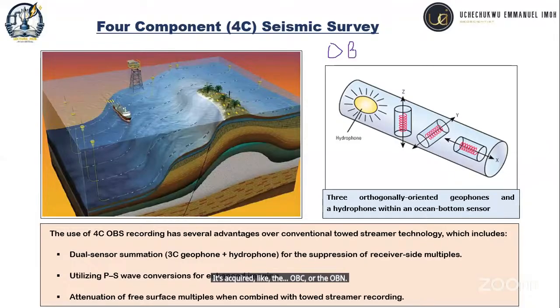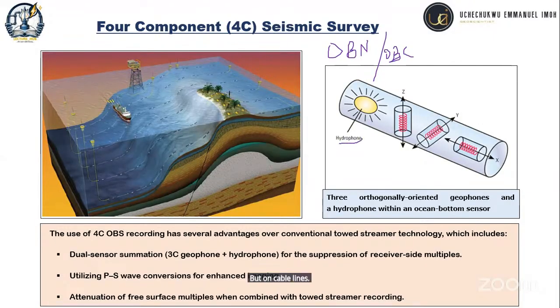It's acquired at the ocean floor by OBN or OBC, okay? Mostly by OBC. What happens is that within the ocean bottom cable, you have four receivers within the ocean bottom cable lines.